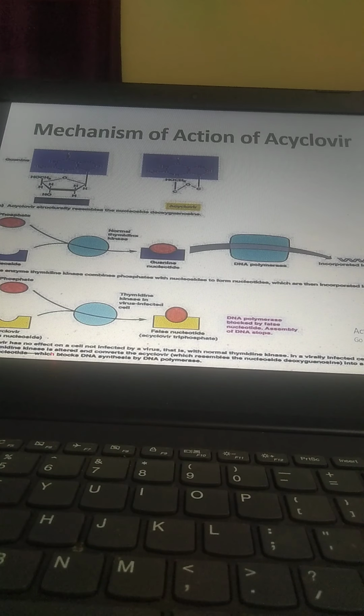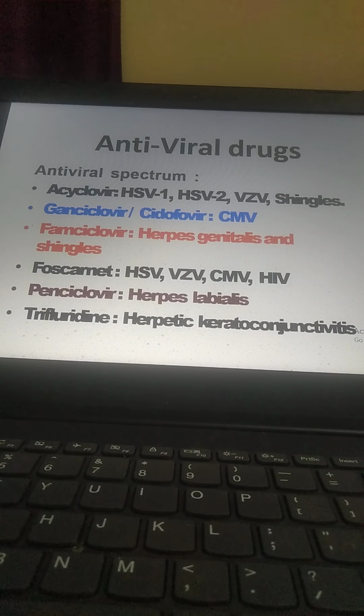That you have to remember about the mechanism of action of acyclovir. This is an example, and you can apply it to other drugs. Then the antiviral spectrum of acyclovir: HSV1, HSV2, and varicella zoster virus, shingles.